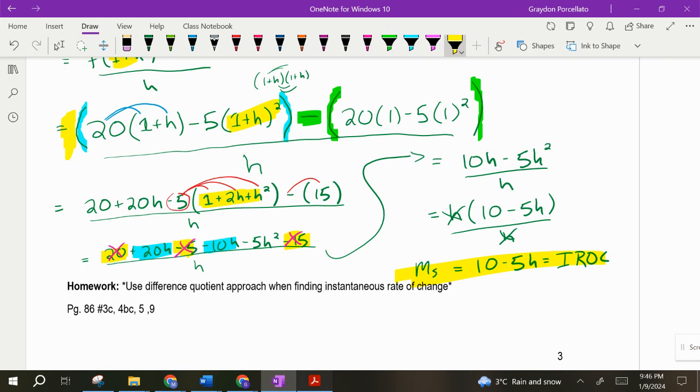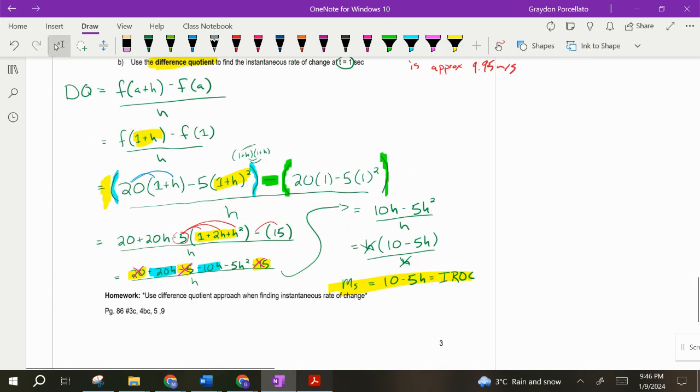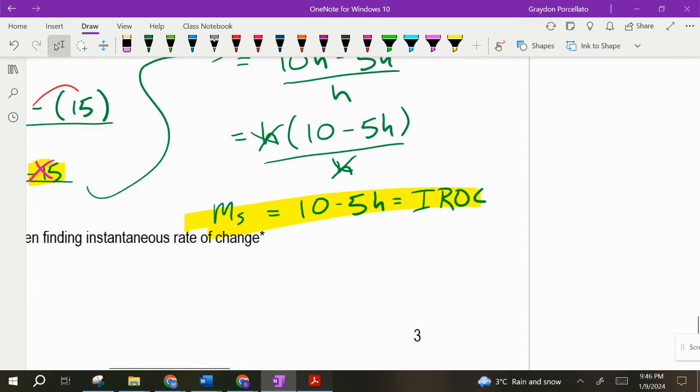So now, remember it was saying to estimate it at 1. Typically what we'll do here is pick an h value that's very small. Unless otherwise stated, I would always choose an h value of 0.01. So sub that into your equation.